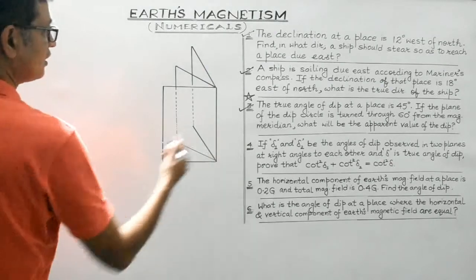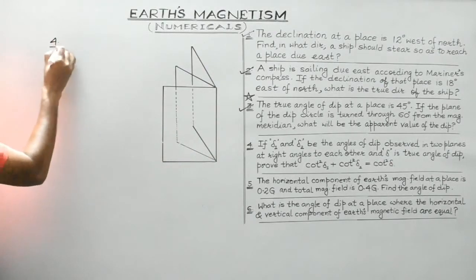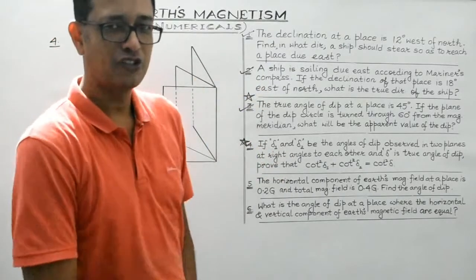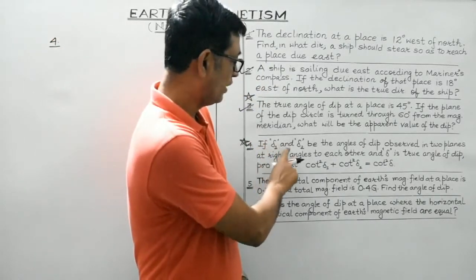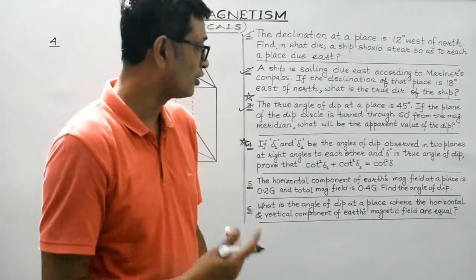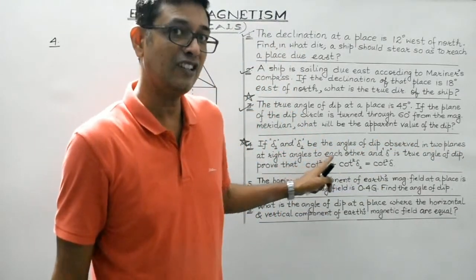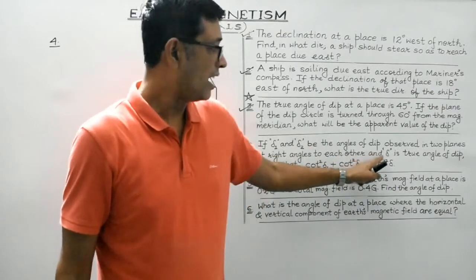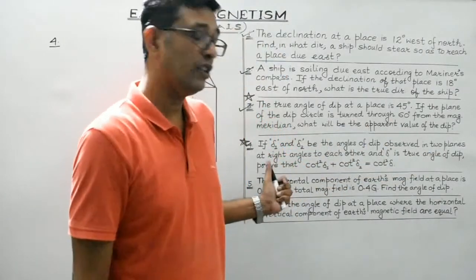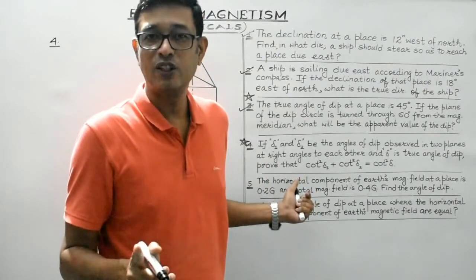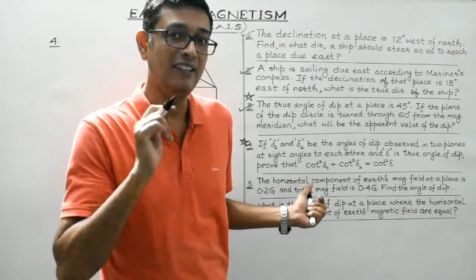Okay, now let's consider question number 4, which is a very, very important one. The concept is based on question 3 only, right? If delta 1 and delta 2 are the angles of dip observed in two planes which are at right angles to each other, and delta is the true angle of dip, then we are supposed to prove that cot squared delta 1 plus cot squared delta 2 is equal to cot squared delta.